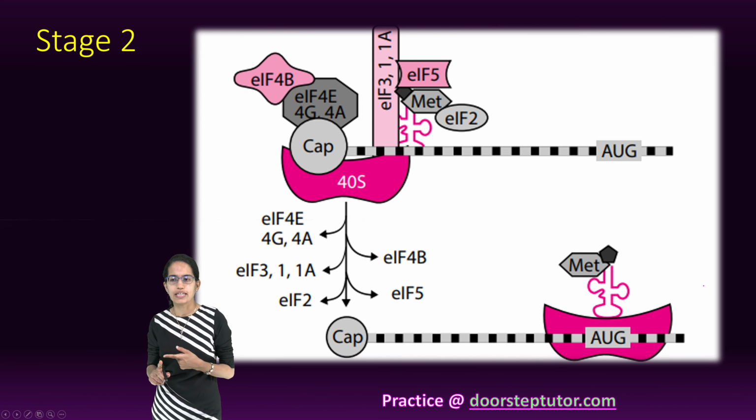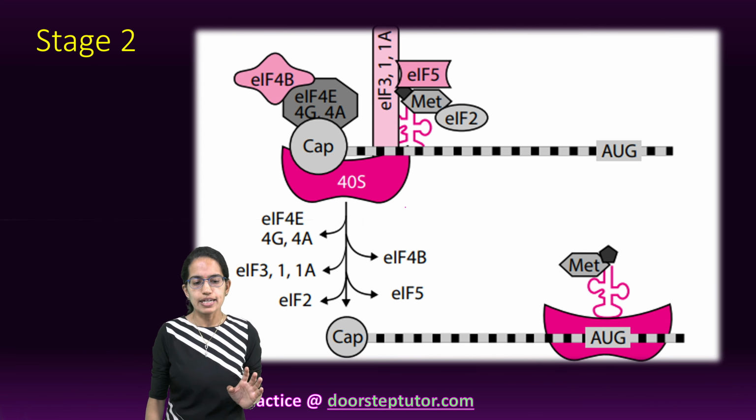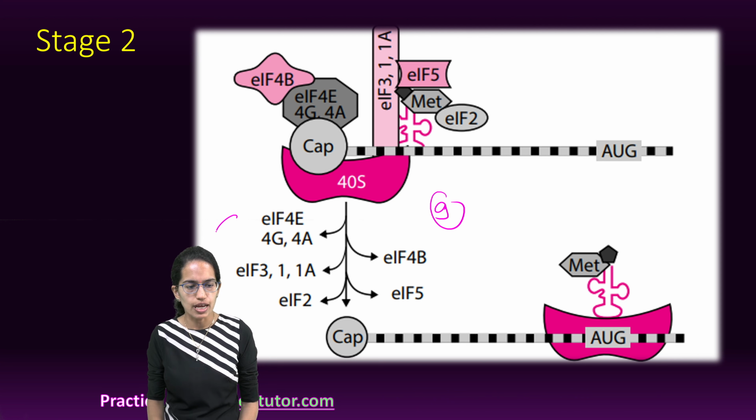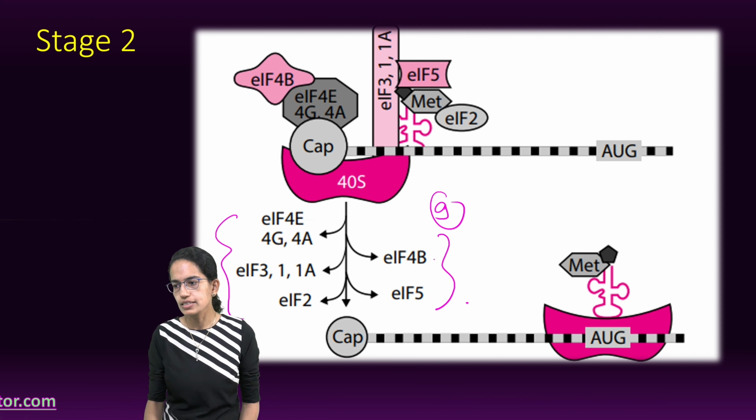Now in the second stage, what is important is that there are 9 initiation factors. These are the initiation factors that are given here, and they are important. The first stage is the formation of a pre-initiation complex which consists of the 40S unit.